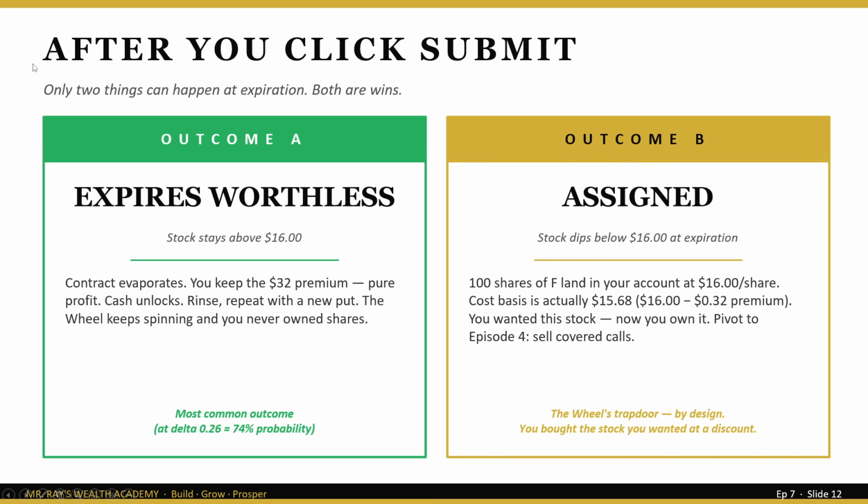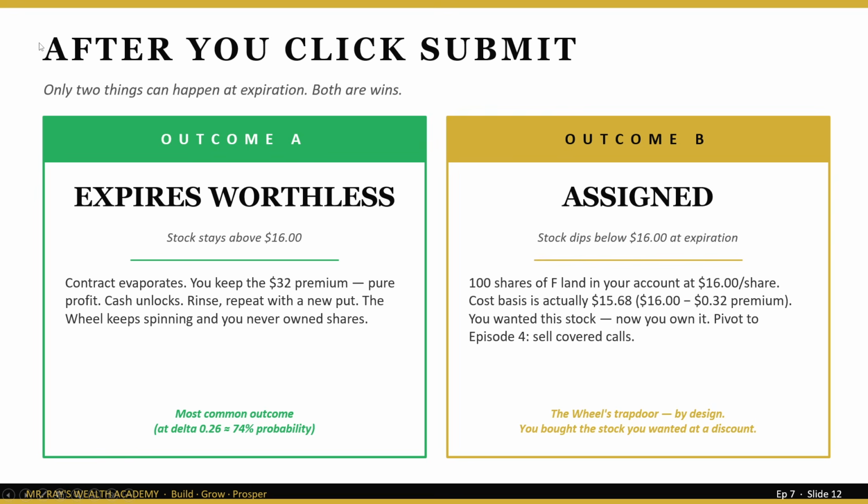Well, what happens if it dips below 16, Mr. Ray? Well, you're going to be assigned 100 shares of Ford in your account at the share price of 16. But remember, the actual cost basis is going to be less than that because we're going to collect 32 cents premium. So we got to subtract that 32 cents from our $16, and actually our cost basis is now 15.68.